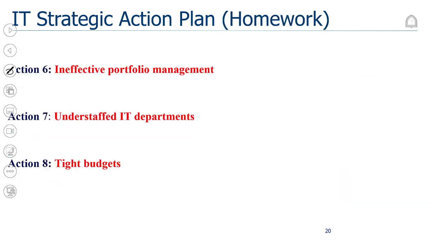Okay, and to finish off, I put in something for you to do to carry on with that. I left those other ones, ineffective portfolio management and understaffed departments. Let me see what you would do for those ones. So for example, ineffective portfolio management, what could be the action?